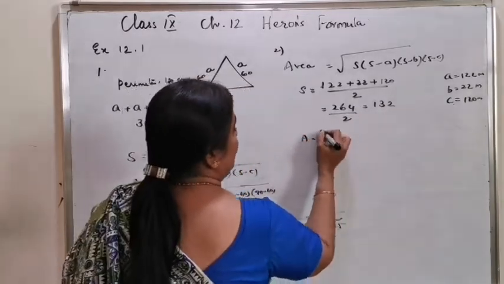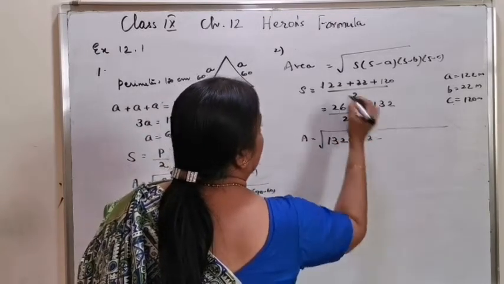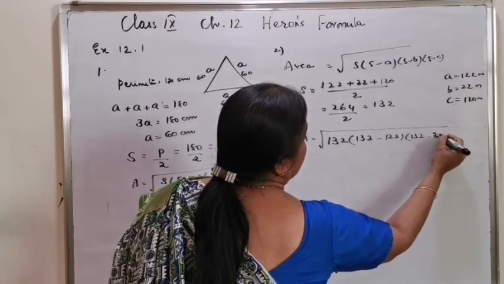Area is equal to square root of 132 into 132 minus 122, 132 minus 22.